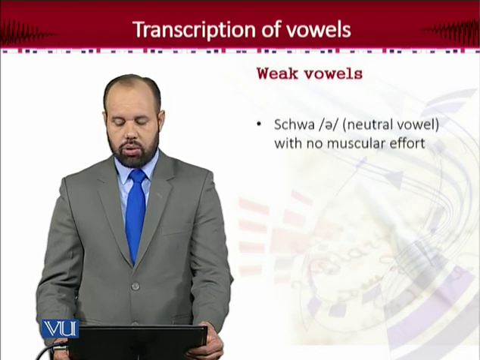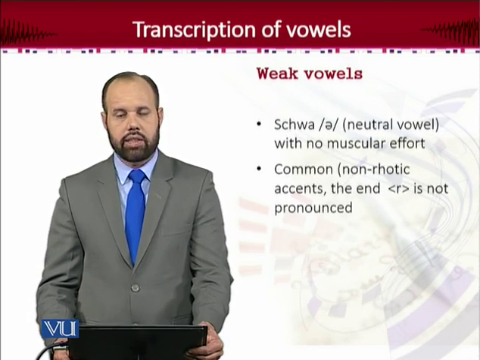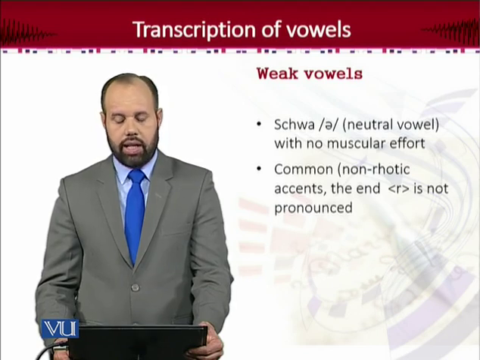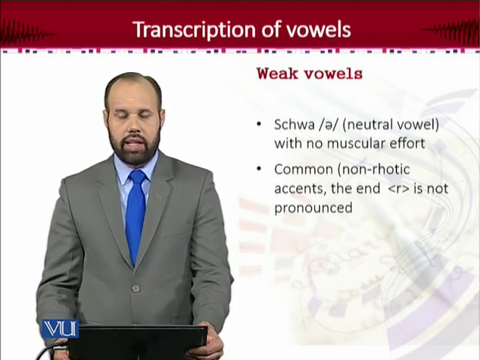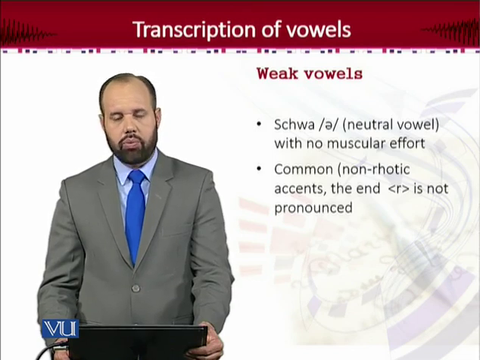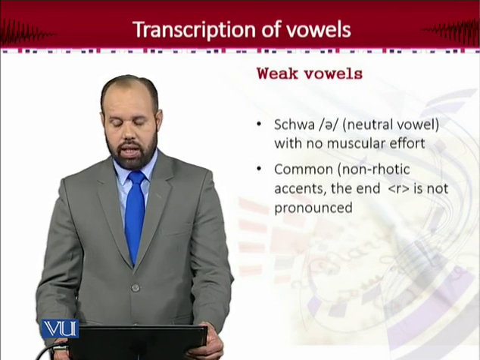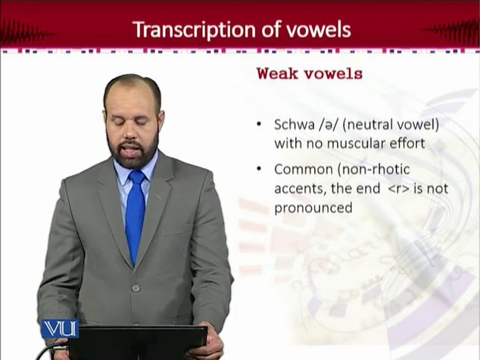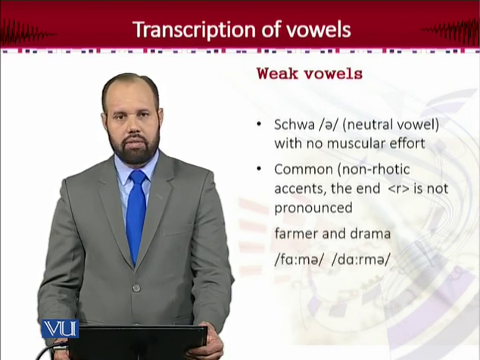And then the last reduced form is Schwa. As mentioned earlier, Schwa is one of the reduced vowels, and it is one of the most common sounds found in English. It is very common because it has a neutral shape and is pronounced without proper muscular effort, so it's very easy to pronounce. It is very common in non-rhotic accents, and it is at the end of words like mother, father.